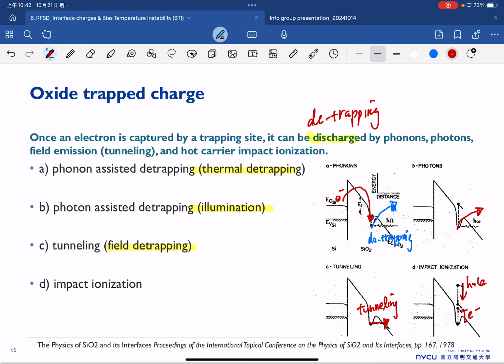Once you shine light on your sample, your trapped electron will gain energy again. Or you apply an additional field, or you have impact ionization that causes holes to recombine with electrons here. So these are the four possible mechanisms leading to the discharge or detrapping effect.